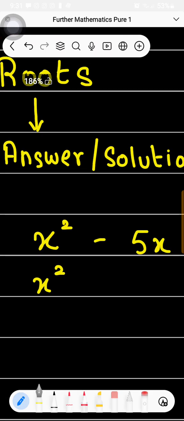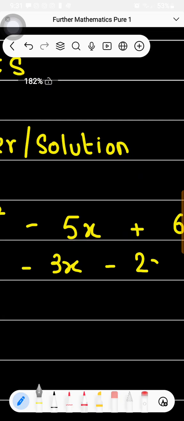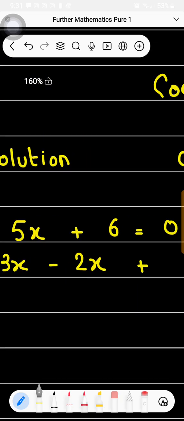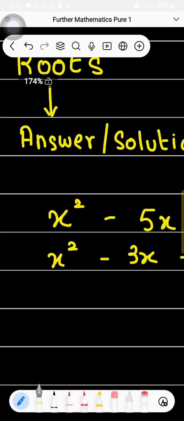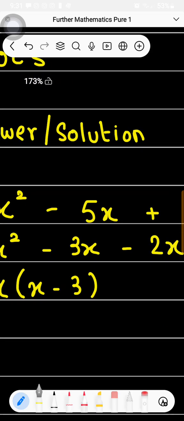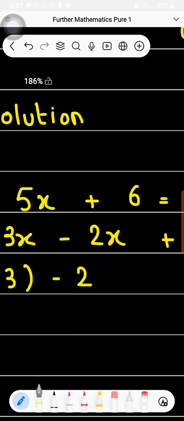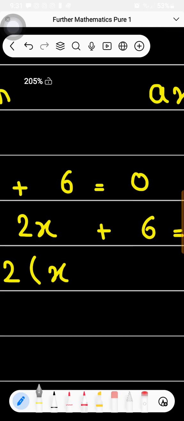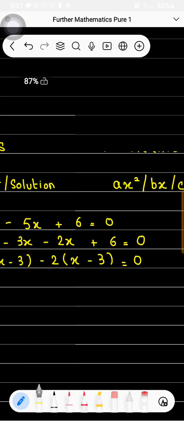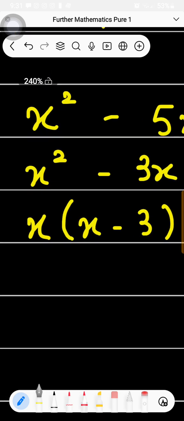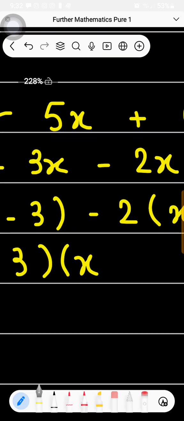Here we will write x^2 - 3x - 2x + 6 = 0. Then we take x common, x(x - 3), and here we take -2 common, -2(x - 3), so it becomes (x - 3)(x - 2) = 0.